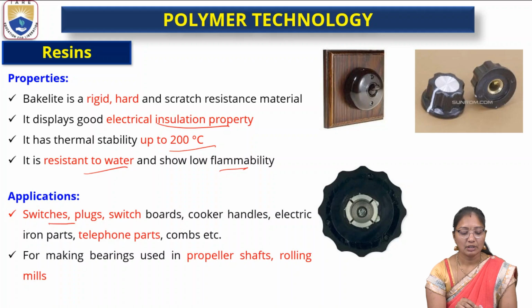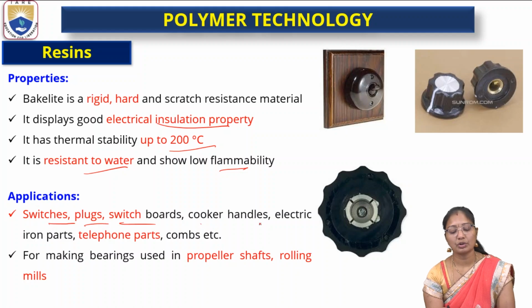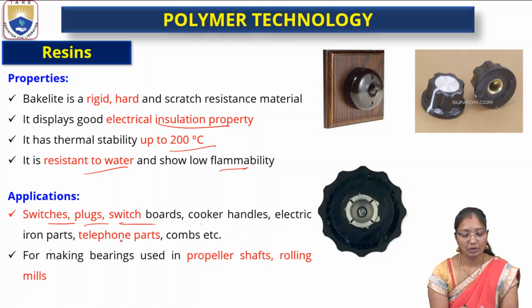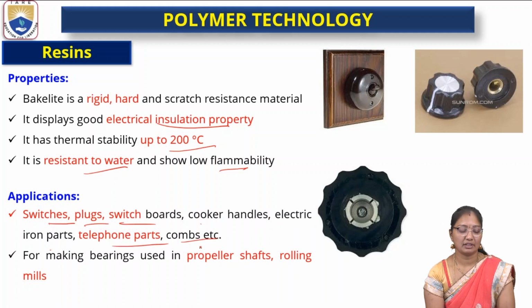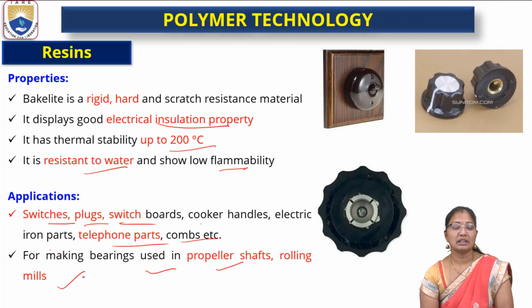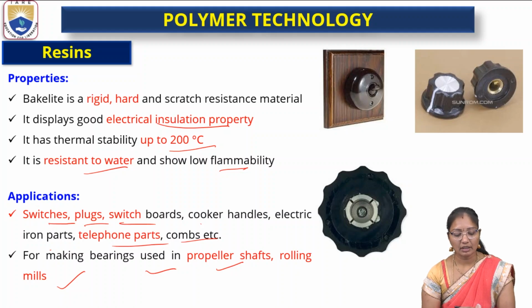This makes bakelite useful in the manufacturing of switches, plug switchboards, cooker handles, electric iron parts, telephone parts, combs, etc. It is also used for making bearings in propeller shafts and rolling mills. At the industrial level, bakelite is highly preferred for preparing these bearings.